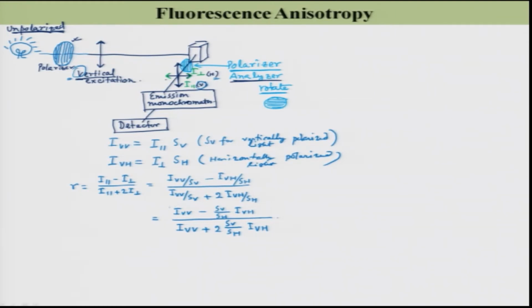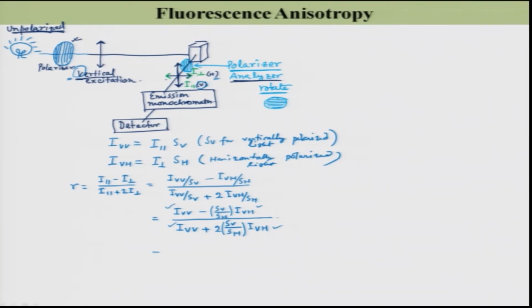This IVV is your measured quantity, IVH is your measured quantity. So, what you got is that IVV has to be subtracted with IVH when multiplied with this factor. This SV and SH are fixed for a particular monochromator and detector, right, and this is a ratio of two constants. So, I can replace this ratio of two constants with one constant.